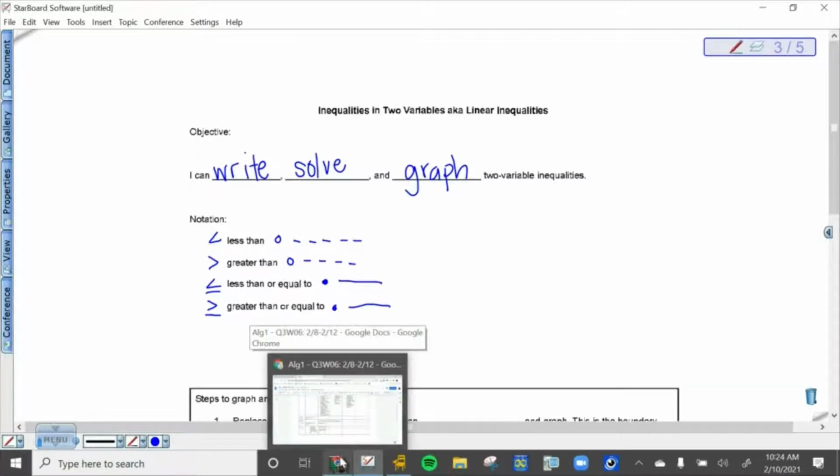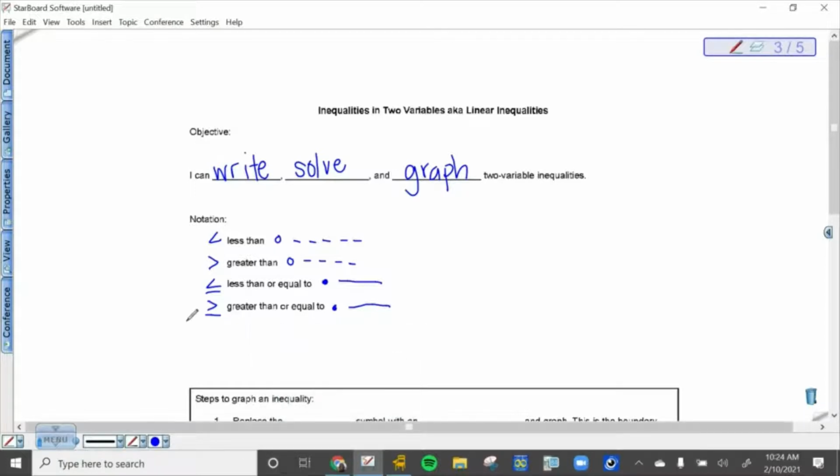Okay. So I want you to think about if we have something that's just y equals 6. It's just one variable. I would put that on a number line. I could represent it this way, 2, 4, 6. I would represent it just by putting a dot on a number line, right?